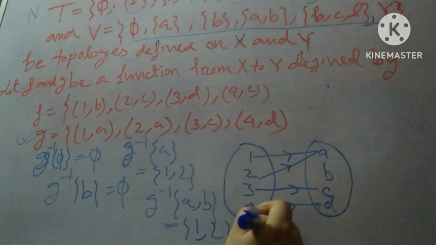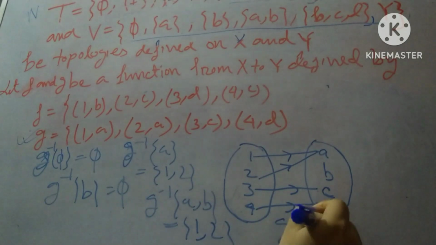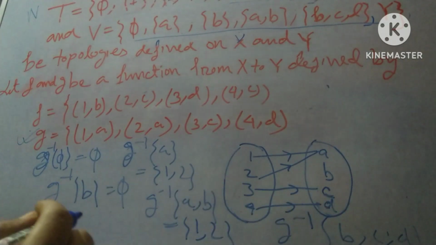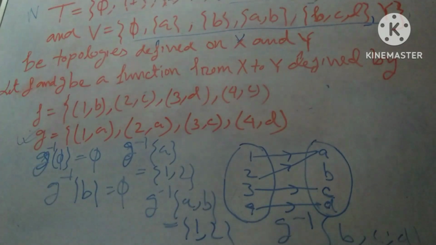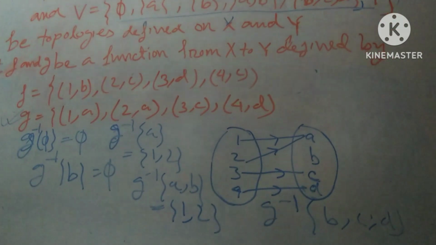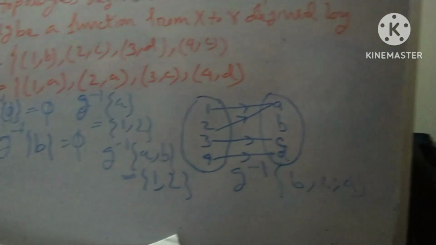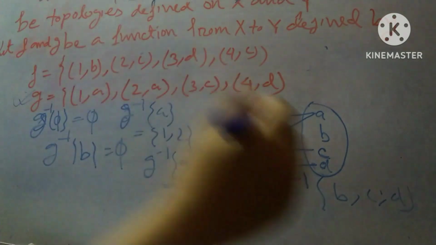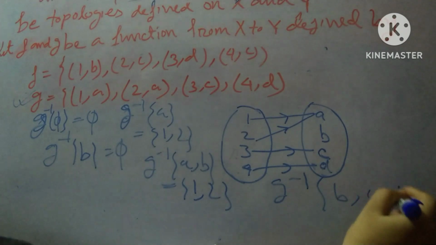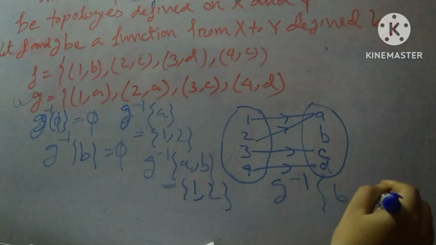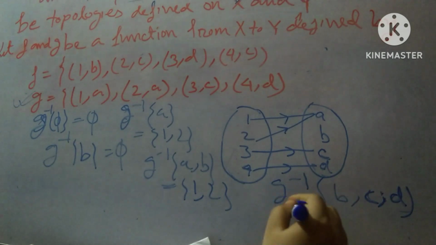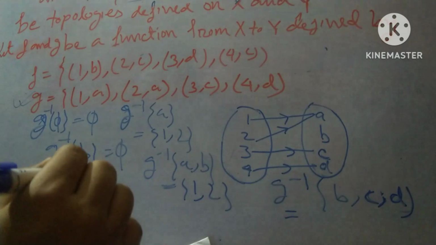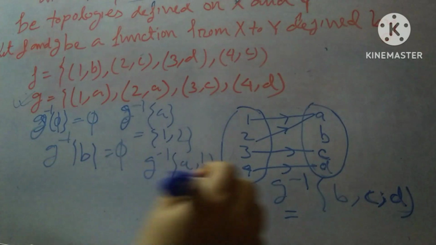Okay, G inverse of {A, B} and G inverse of {B, C, D}.